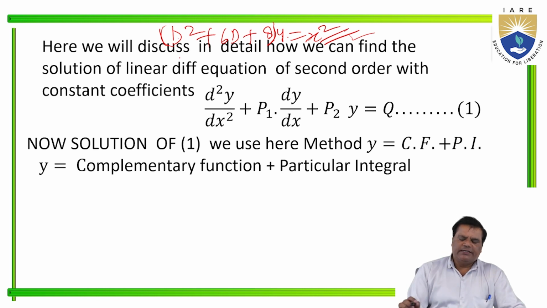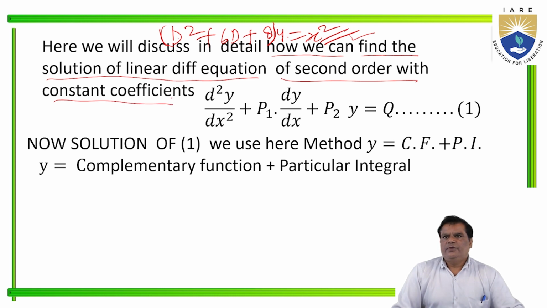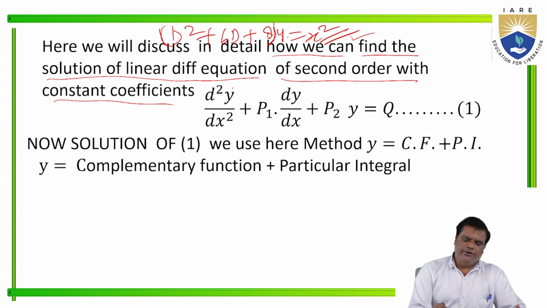So here we will discuss in detail how we can find the solution of the linear differential equation of second order with constant coefficient. Main motto: to find the solution of linear differential equation of second order with constant coefficient. So d2y over dx2 plus p1 dy dx plus p2 y is equal to q.